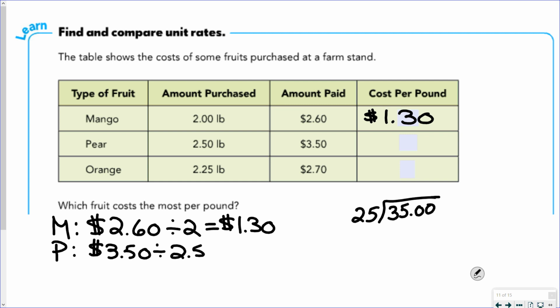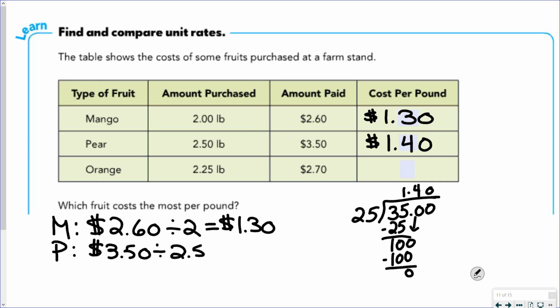I only need to move the decimal point once because 2.50, you can drop the 0 like I did down below. So 25 goes into 35 once, get 10, decimal point up, 0 down, and 25 goes into 100 4 times. And then bring the 4 up, and so the pears are $1.40 per pound.